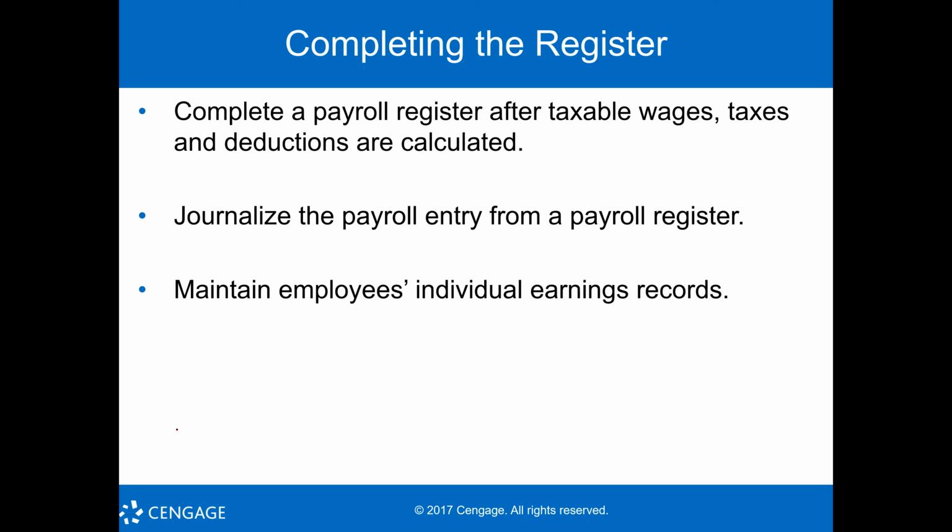Basically, we're going to debit salary and wage expense for the total amount, the gross wages. Then we're going to credit all of the payables: FICA Social Security payable, federal income tax payable, FICA Medicare payable, union dues payable, whatever. And then we'll also credit salary wages payable. That's how we'll do this journal entry. But again, we'll get practice with that together.